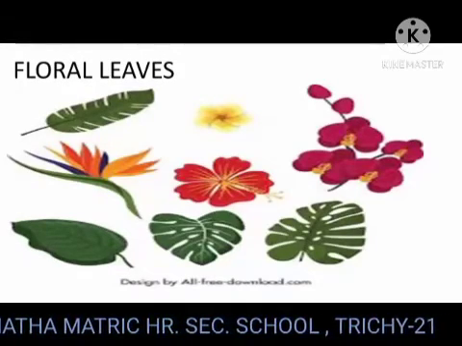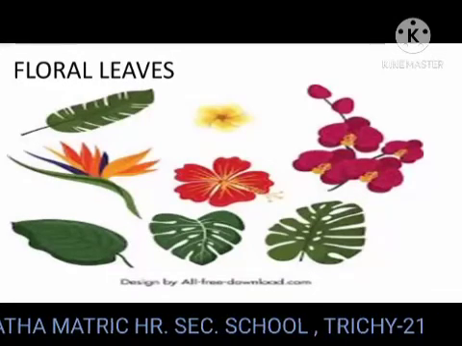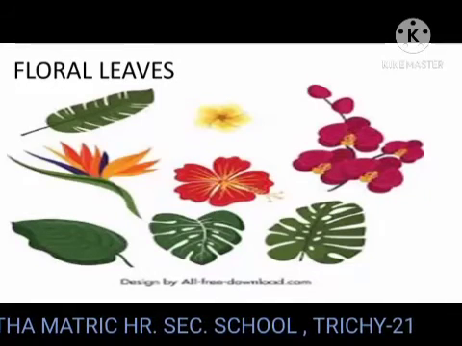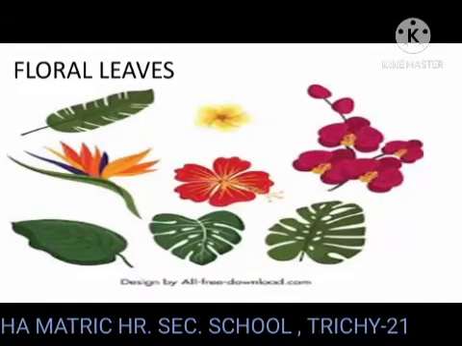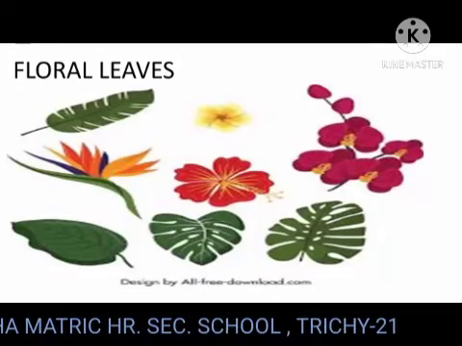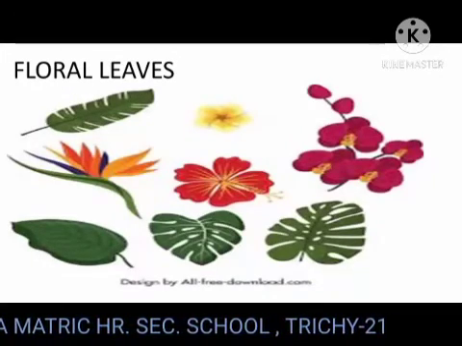Petals are usually colored, which attract the insects for pollination. Stamens are considered pollen-bearing microsporophylls and carpels are ovule-bearing megasporophylls.